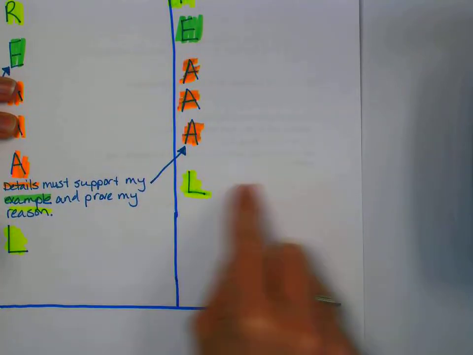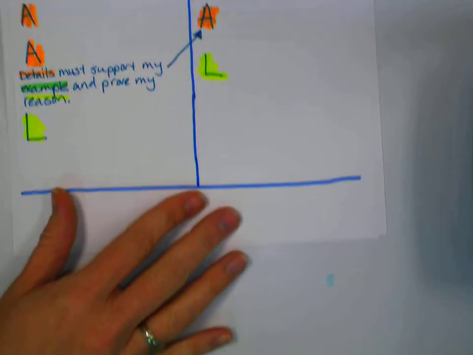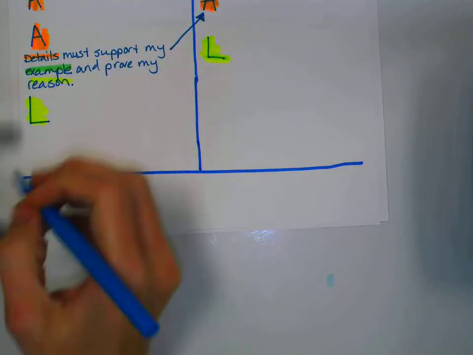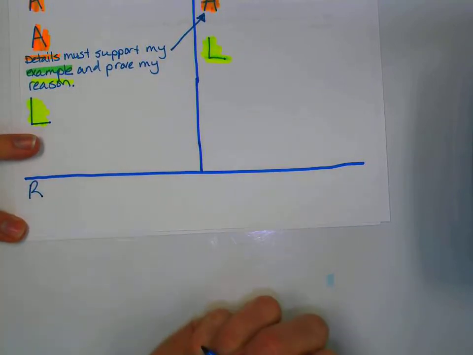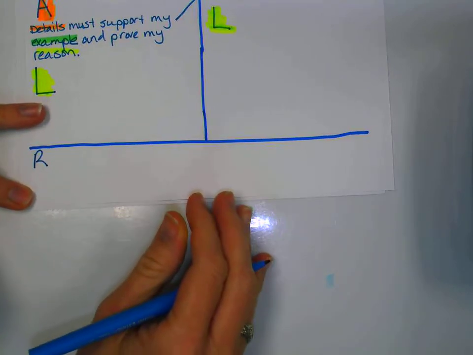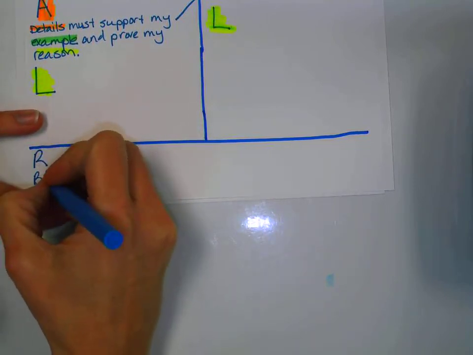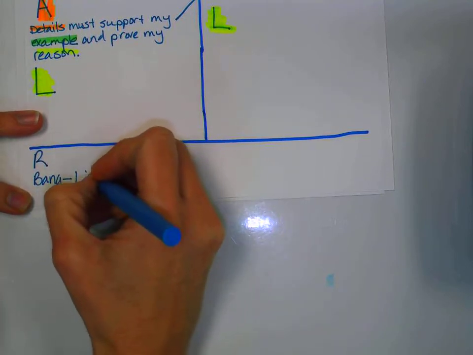And then I'm going to link it back to finish up this paragraph. And finally, I'm going to come to my conclusion. In my conclusion, I'm going to restate my controlling idea in a new and effective way. And I'm going to end with a bang by perhaps linking back to my hook.